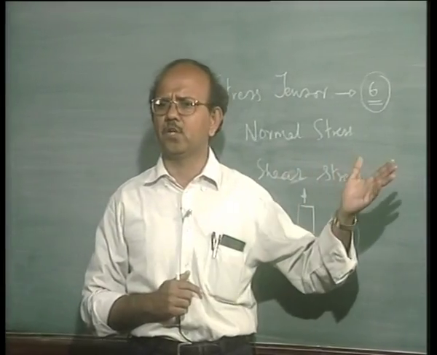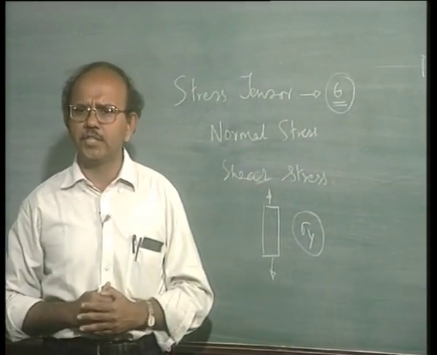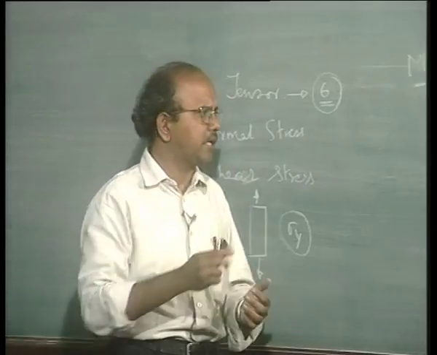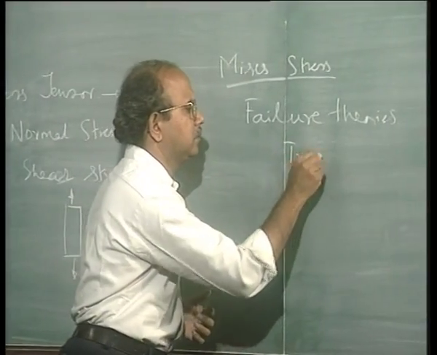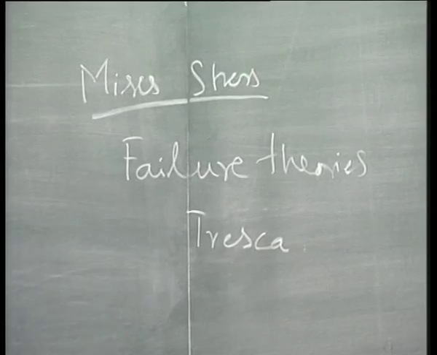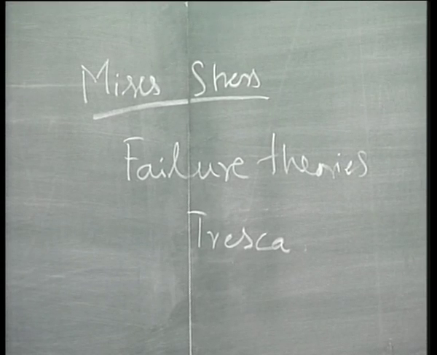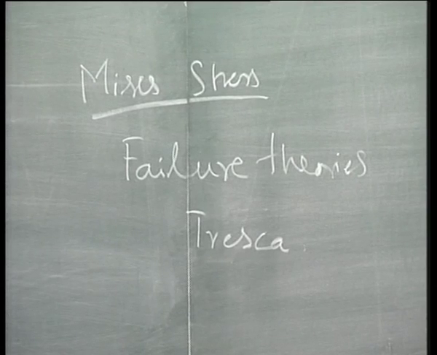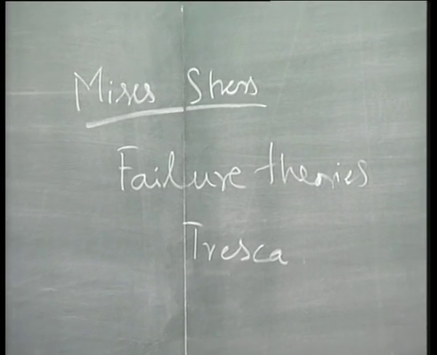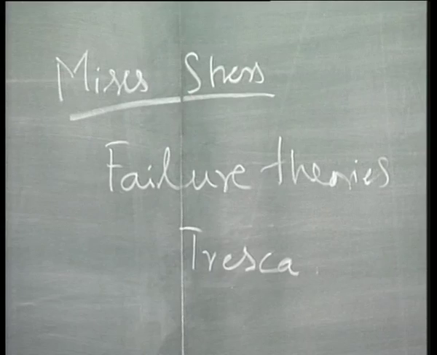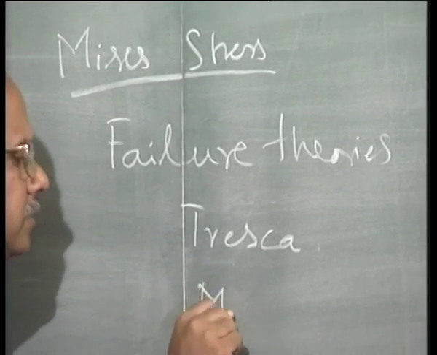You would have studied what is called the maximum shear stress theory, called Tresca's theory. This is due to a person called Tresca, and you would have studied the distortion energy theory, which we will now replace and call the Mises theory.